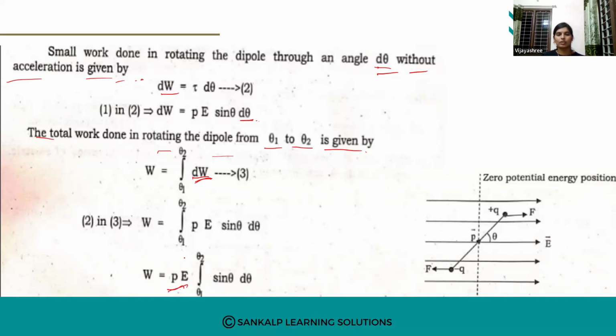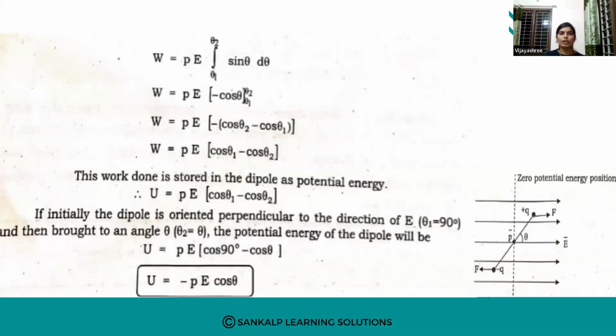Taking PE outside the integration sign, inside the integration sign sin theta d theta remains. So W can be written as PE into the integration of sin theta d theta from theta 1 to theta 2. When we integrate, the integration of sin theta is minus cos theta.